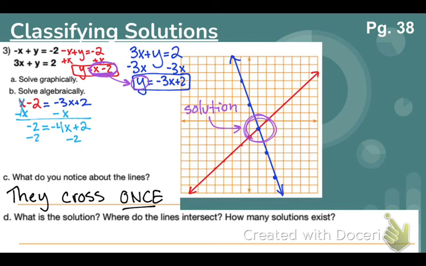Subtract 2 from both sides, which leaves me with negative 4x and negative 4. What's the last thing I need to do? Divide by what? By -4 on both sides. So now I have x equals 1.